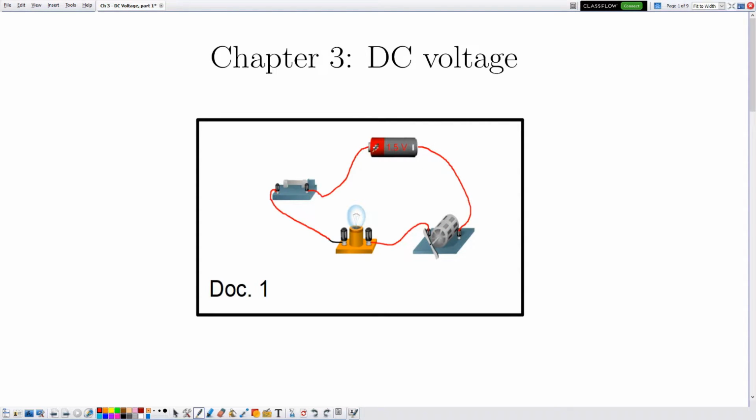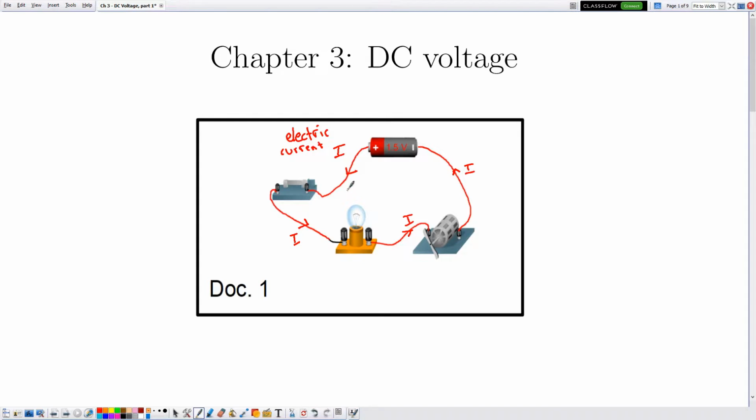Therefore, this battery will deliver an electric current, which is denoted by I. It will be delivered to the switch and to the lamp and to the motor and back to the battery. So this is the electric current I.